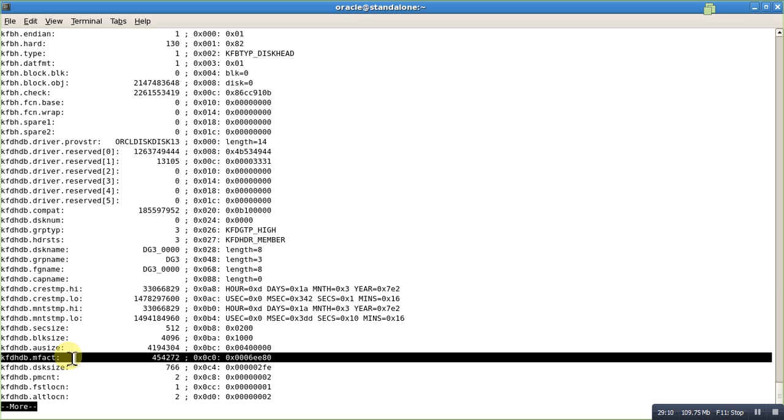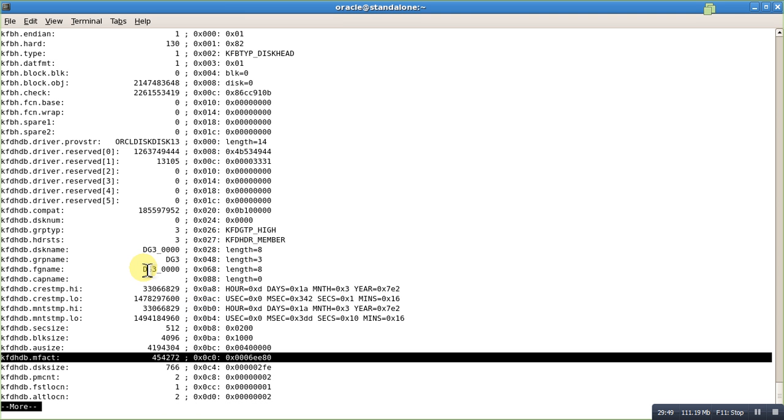As I said in my previous video, if I have a 4 MB allocation unit size, it can have 454,272 entries. It means that 454,272 allocation unit information I can hold in the allocation table, because when I have an allocation unit of 4 MB and each metadata block is of 4 KB, then I'll have 1000 plus allocation table blocks.